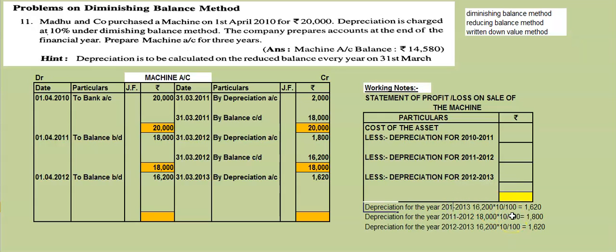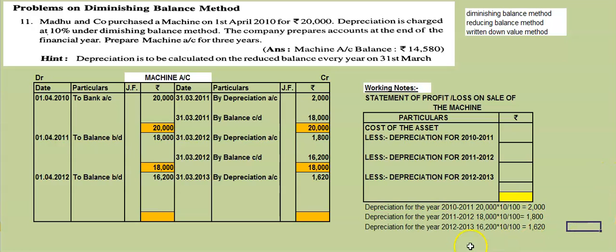It was how much? 2010. How have we done here? 2011. On what value have we taken depreciation here? On 20,000. Now how much is the value of our depreciation in the first year?